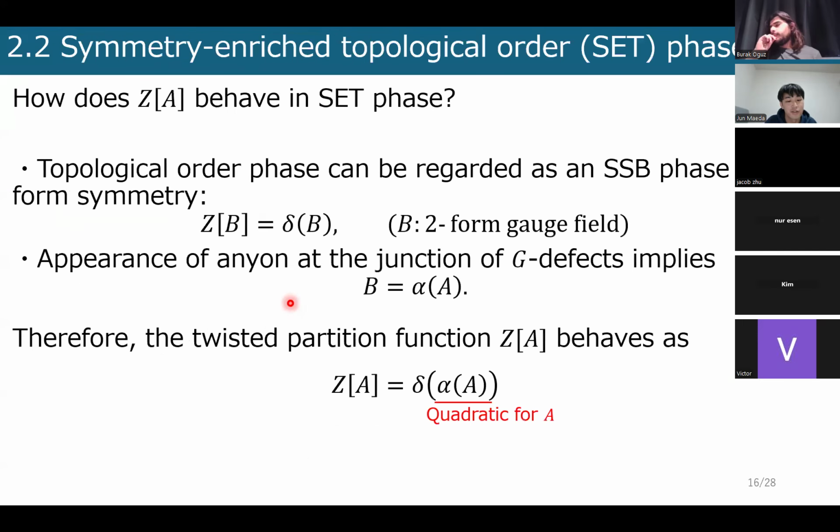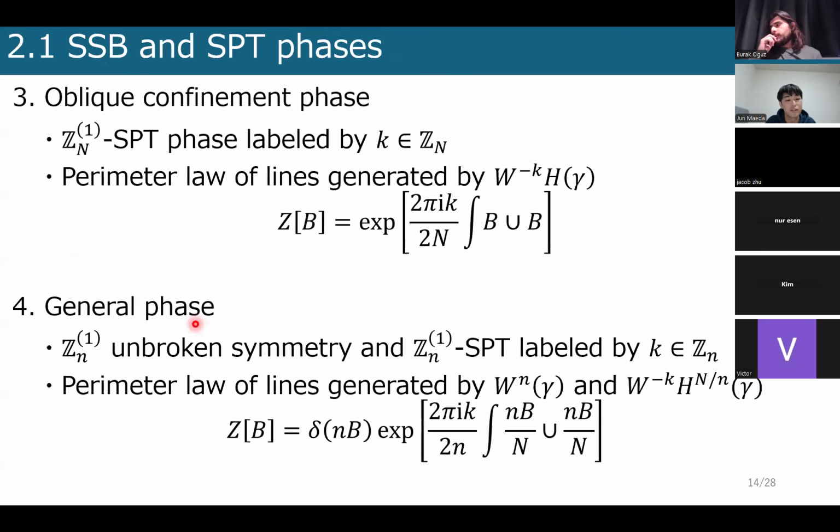So you choose all possible topological boundary conditions on the dynamical, physical boundary, and this generates the possible phases like the SPT phase, the SSB phase, and maybe SET phases.